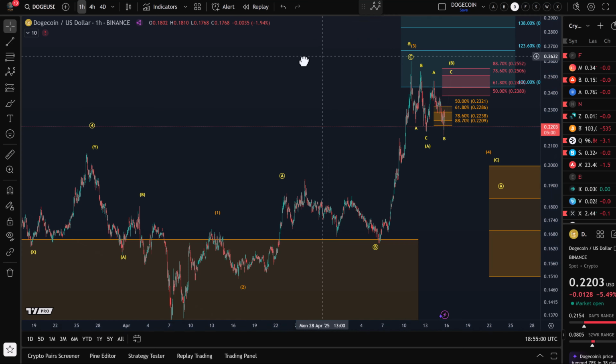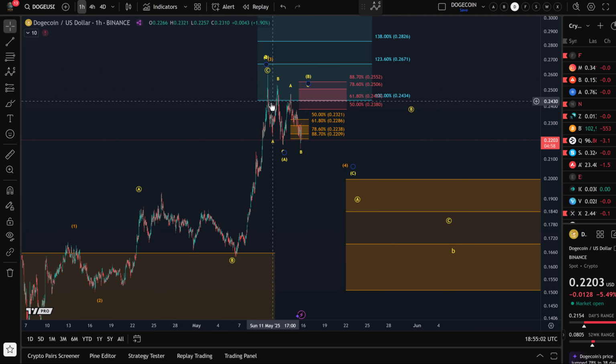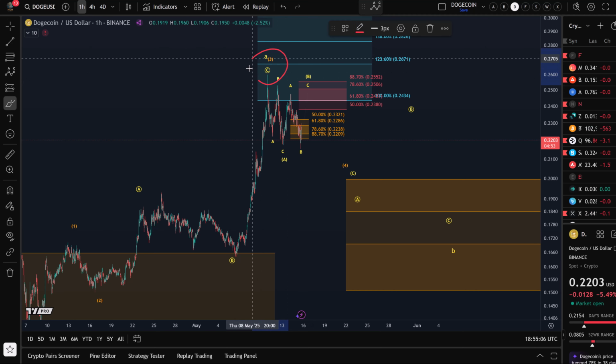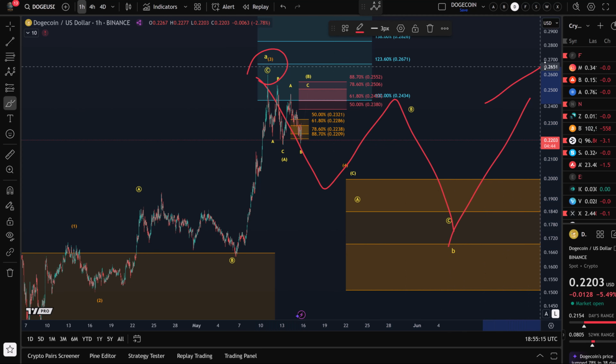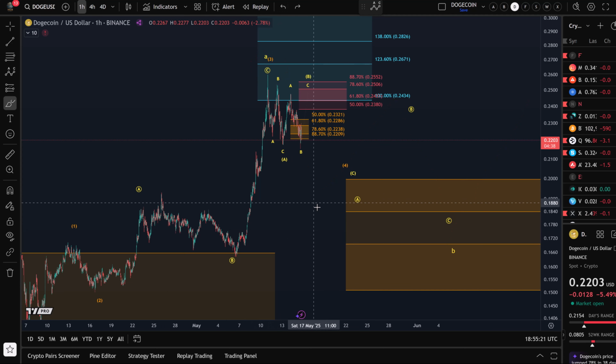And there are two scenarios I'm tracking. The first one is this yellow count in which wave A topped. So that's the A wave of a larger rally to the upside, which should be an ABC structure. So the idea is once this B wave is complete, we are going to watch for a C wave rally. So that is one scenario.